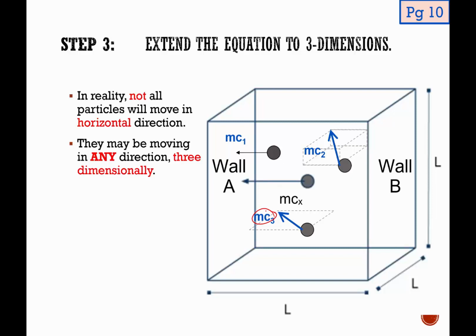This velocity c can then be broken down into the x and y components. And then finally, you have this mc2, where it is truly 3-dimensional and the velocity can now be broken down into 3 components: the x component, the y component, and finally the z component.